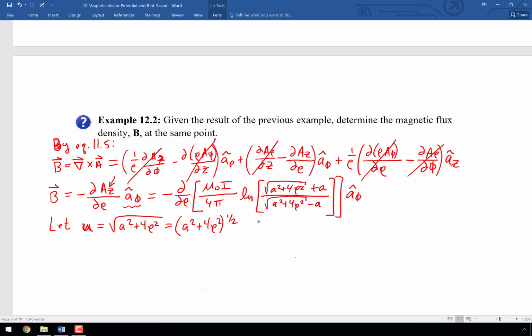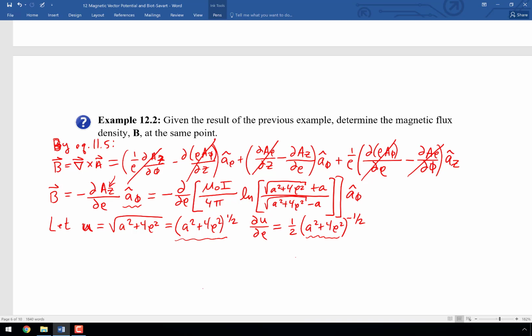That makes it easier for me to see how to apply the power rule. Now I'm going to calculate what is the partial of u with respect to rho. So I'm not worried about this big nasty equation at the top right now. I'm just focusing on this quantity right here. So how do I find the derivative of that with respect to rho? Well, I'm going to start out by doing the power rule. So I'm going to bring that 1/2 down in front times a squared plus 4 rho squared. And then the 1/2, I'm going to subtract 1 from that, and it becomes minus 1/2. And so far, so good. But now I have to do the chain rule and say what is the derivative of that inner part with respect to rho. Well, the derivative of a squared is just a constant, so that's 0.